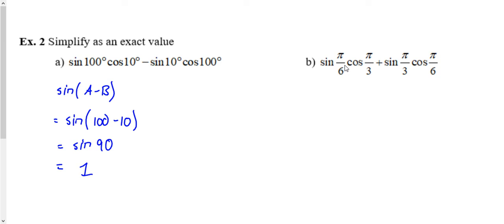There we go. In the next example here, same thing. We're looking at something that says sine cos plus sine cos. The only time that we're adding is if we're going sine a plus b. So let's fill it in. A is going to be pi over 6. Then b is going to be pi over 3.